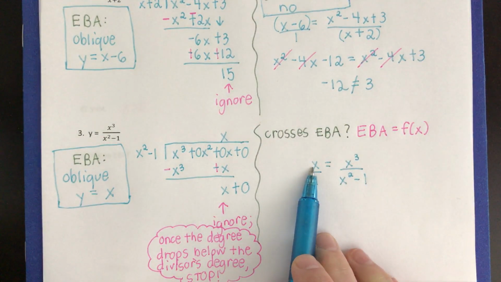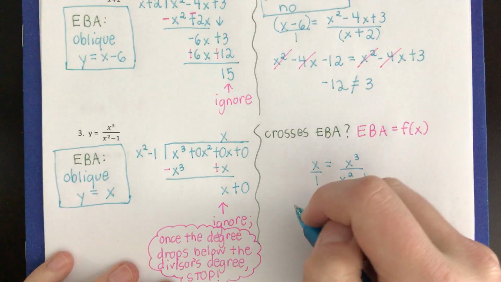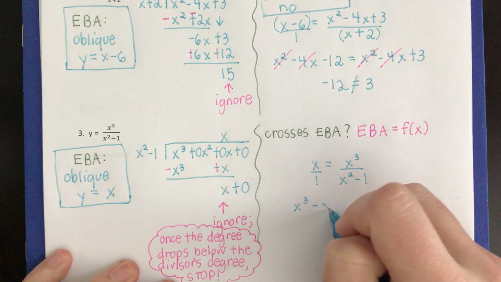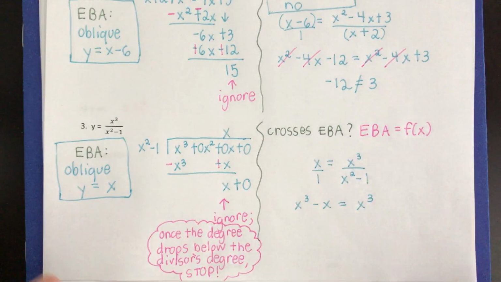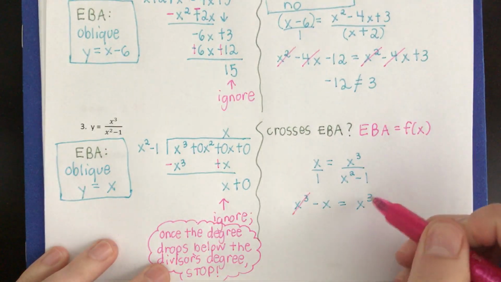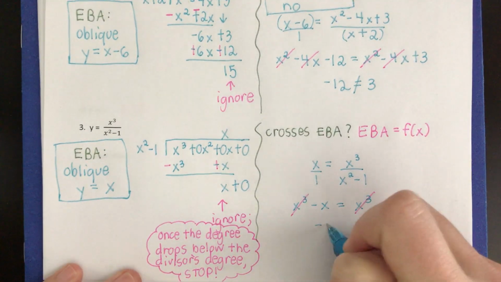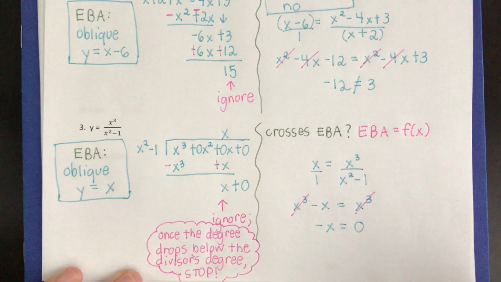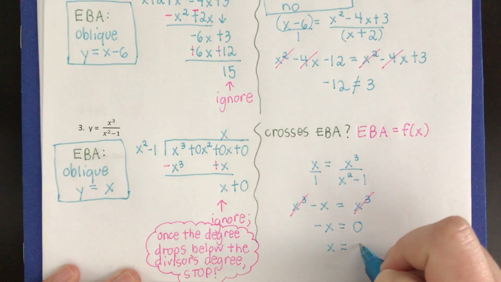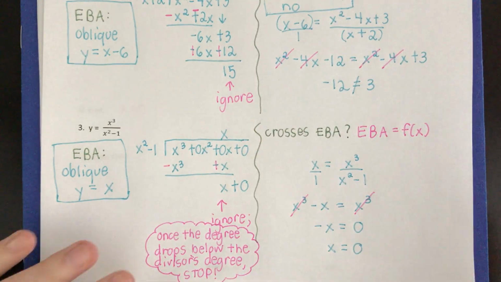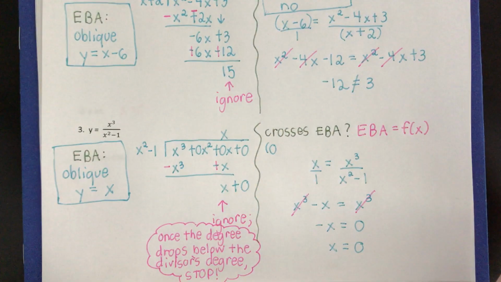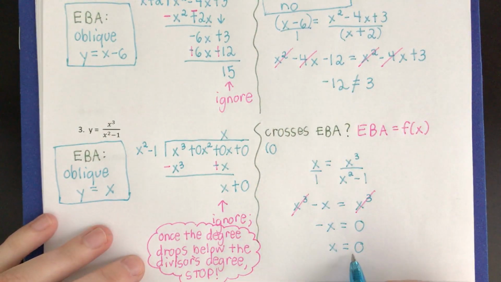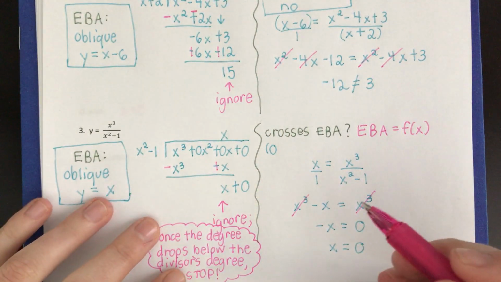So this numerator distributes into both terms of the denominator, so that would look like x cubed minus x equals x cubed, and here the x cubes simplify out, so negative x equals 0, divide both sides by 1, so x equals 0. So yes, we finally have a graph that crosses through the asymptote. So the x value of that cross point is 0.